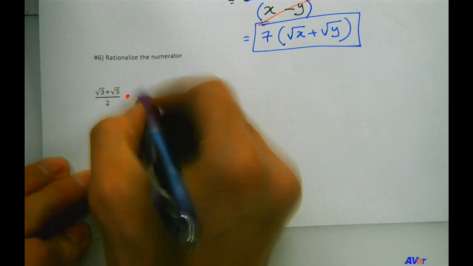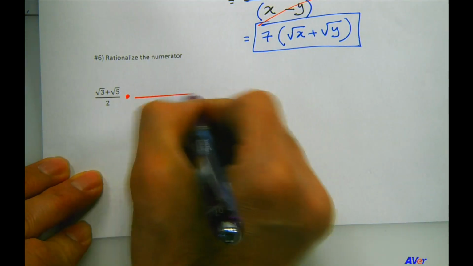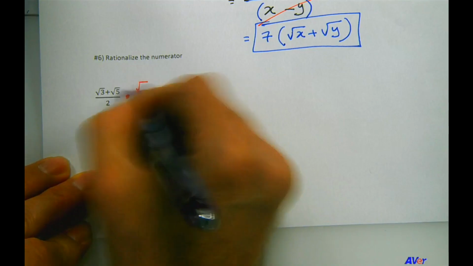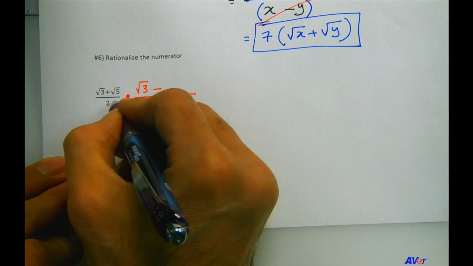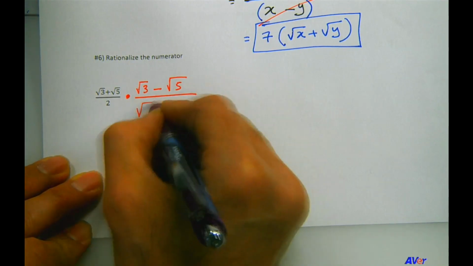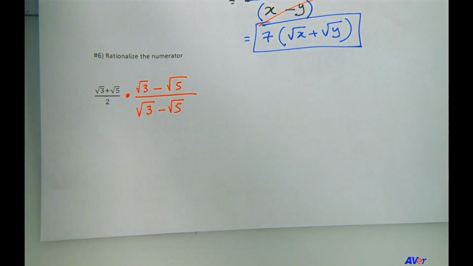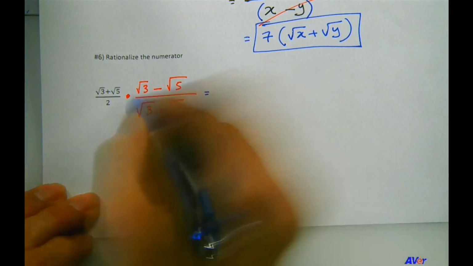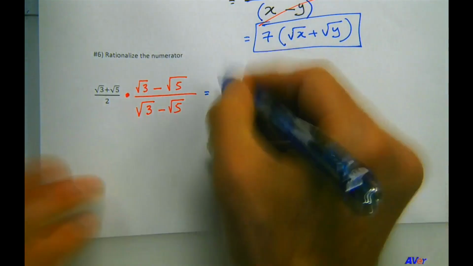Okay, so we multiply the numerator and the denominator by the same two terms, with the exception that the middle sign changes to opposite. Like that, right?